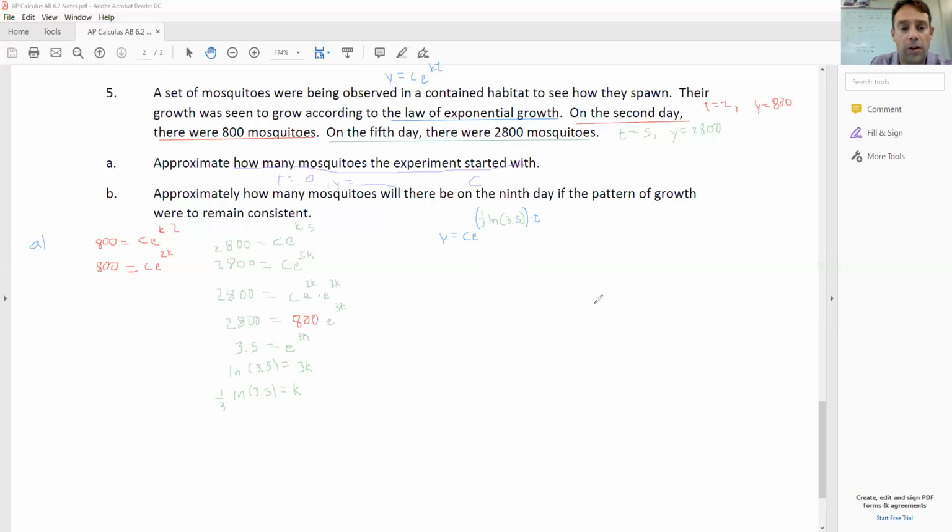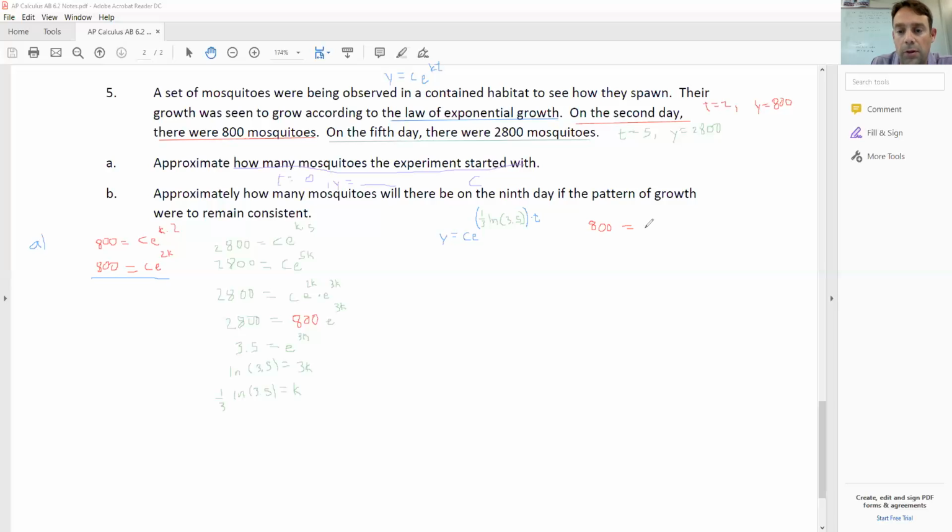So that's what I know so far. Well, friends, if we come back here, I now know what k is. I can come back and take my red equation there and figure out what the C value is. So we don't really need that blue one yet.